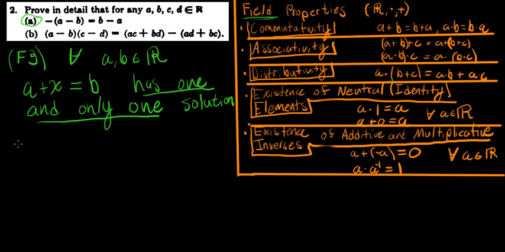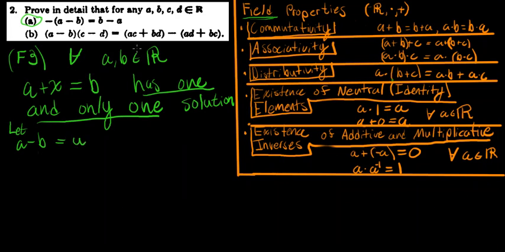So I'm going to say something here, and it might seem put out of thin air, but it's going to help us to see why the following proof is true. Let a minus b be equal to u.